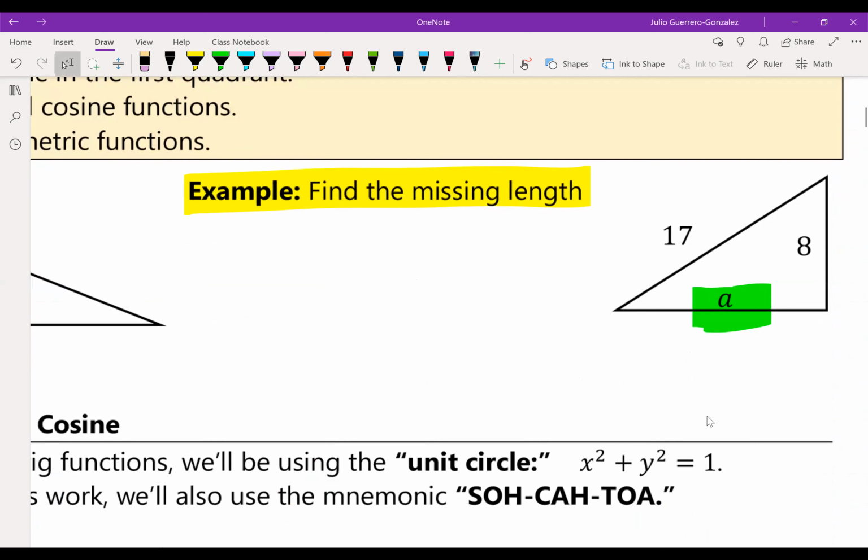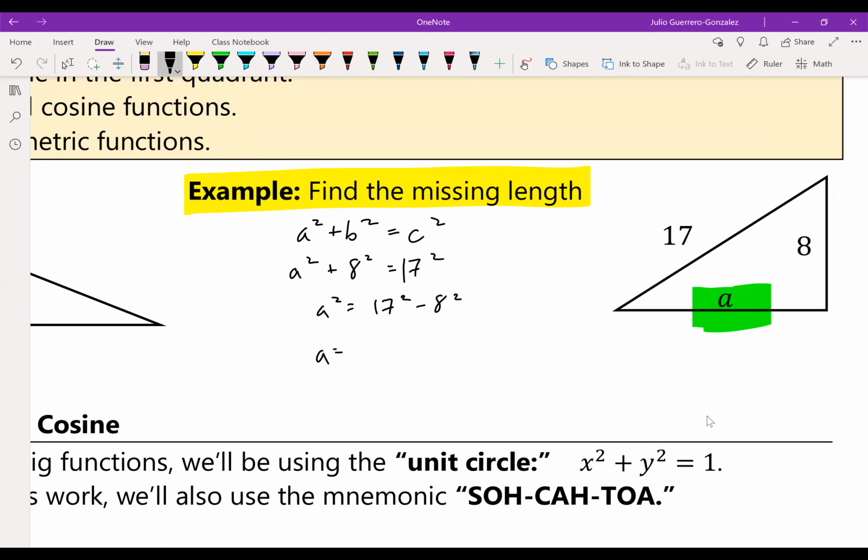There's going to be some a squared plus some b squared is equal to c squared, right? My a, we don't know, so we're going to leave it that way. My b, we do know, that's the 8 squared. And the c, we do know, 17 squared. So a squared is 17 squared minus 8 squared.